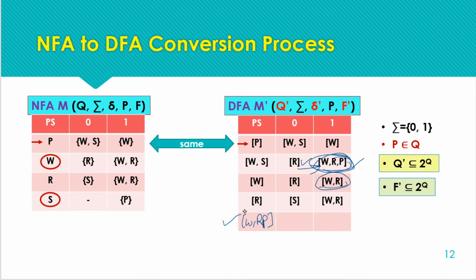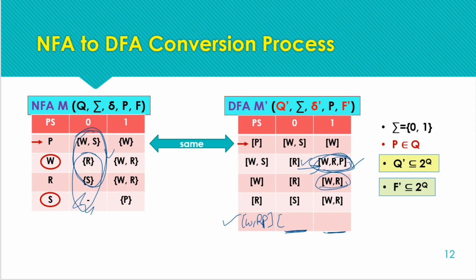Now we have to identify the states equivalent to the transition for input symbol 0 and for input symbol 1. For input symbol 0 we perform the union of these sets for WRP.